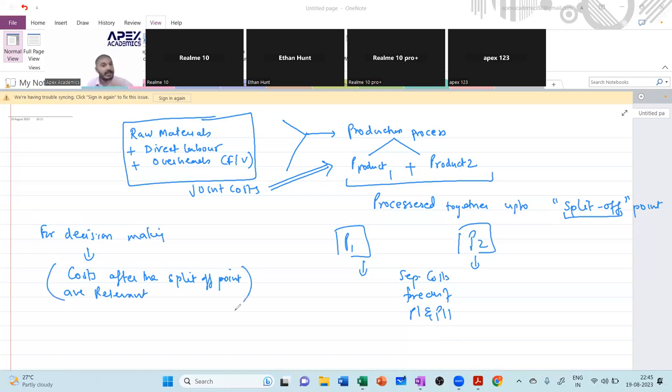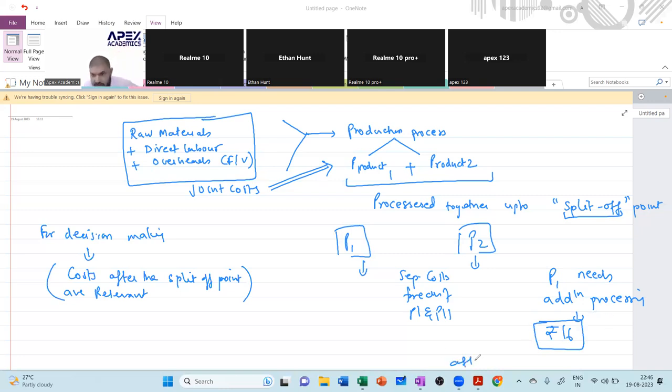For example, if I say that product P1 needs additional processing. What is the cost of additional processing? Rupees 16.